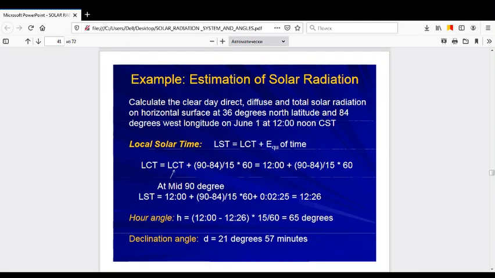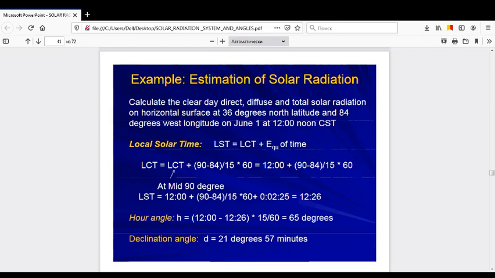Now example, estimation of solar radiation: calculate the clear day direct, diffuse and total solar radiation on a horizontal surface at 36 degree north latitude and 84 degree west longitude on 1st June at 12 noon CST. The local solar time LST is equal to LCT plus equation of time, LCT plus (L_st - L_lon)/15 × 60.